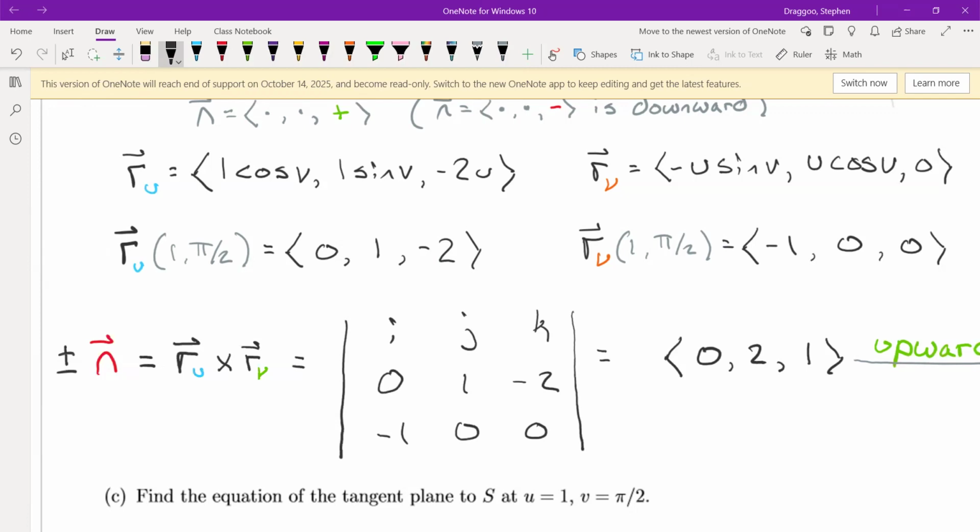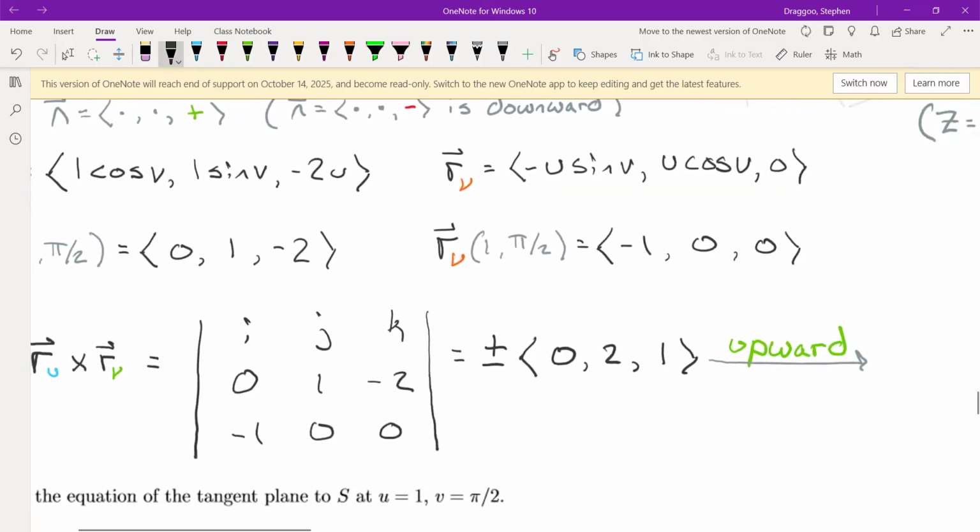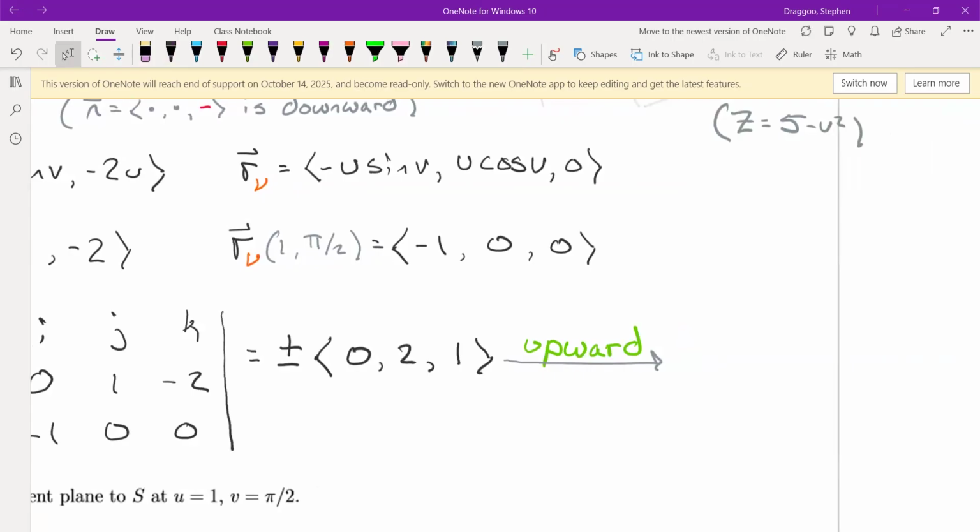But I know that once I do, I want to make sure I select a vector that points up, which means that when I get my vector at the end here, I really want to be thinking about a plus or minus on that vector. Now this one, since it's got a positive 1 there on the end, I already had the upward pointing normal vector. So I didn't need to change anything here.